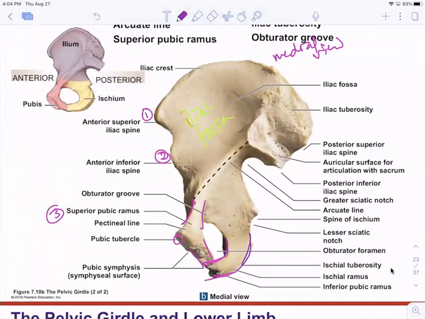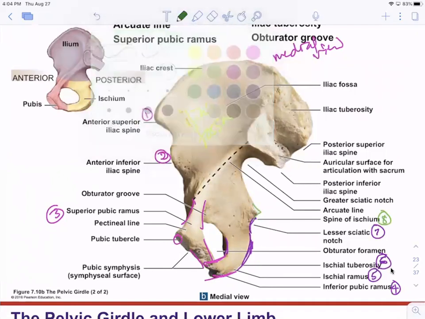So this is inferior pubic ramus and then ischial ramus, and then you get the rough, bumpy ischial tuberosity. Coming up here, you have the lesser sciatic notch, which forms the lower lip of the ischial spine, and then above that, you're going to have the greater sciatic notch.